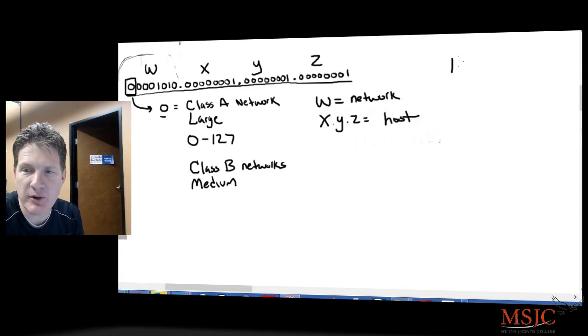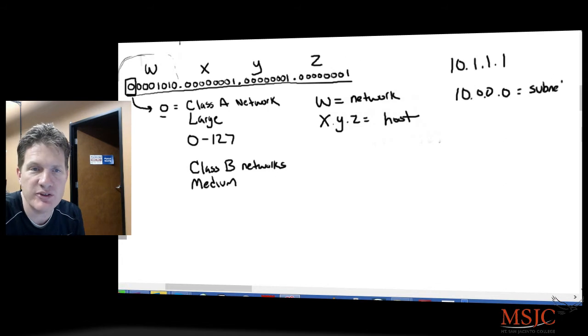So in my example of 10.1.1.1, 10.0.0.0 was the subnet. Actually, I won't use the word subnet just yet. We'll use the word network. So this was the network ID.